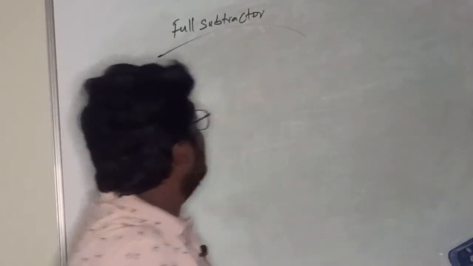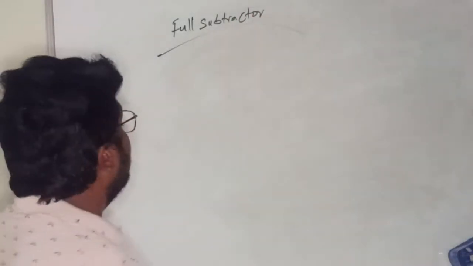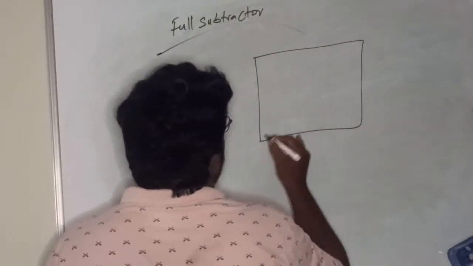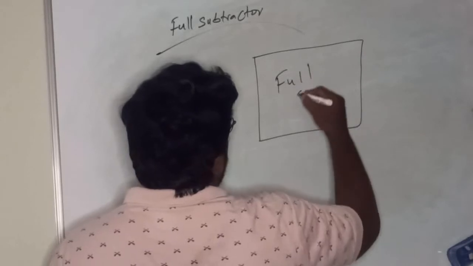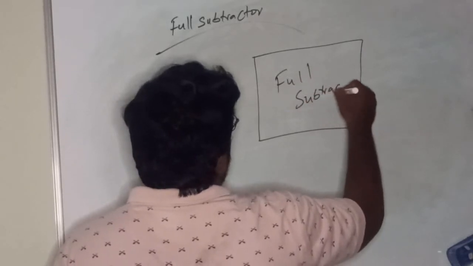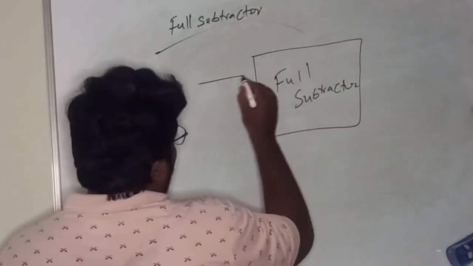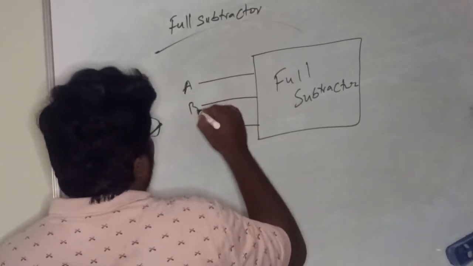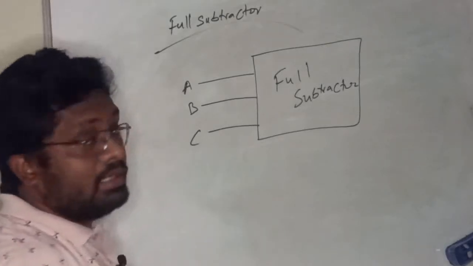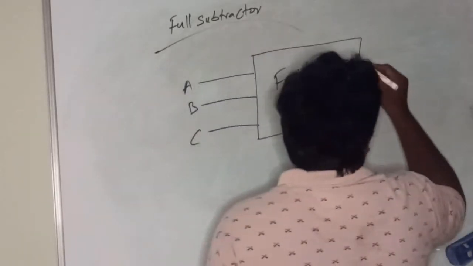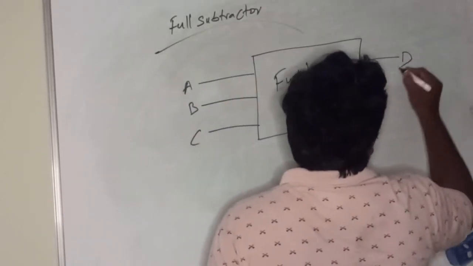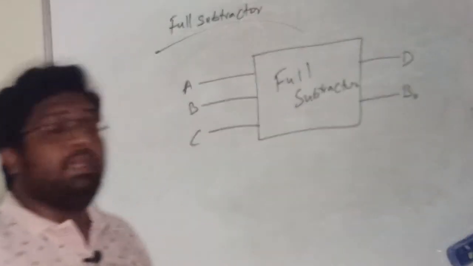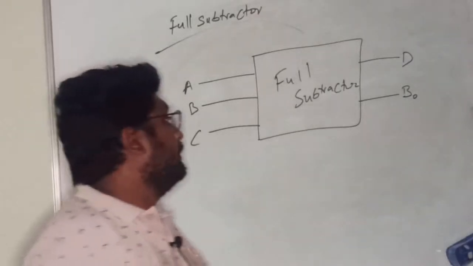The block diagram for a full subtractor will be like this. It is having 3 inputs, A, B and C, and also it is having 2 outputs, the difference and the borrow B naught.